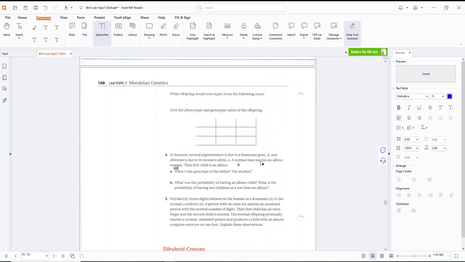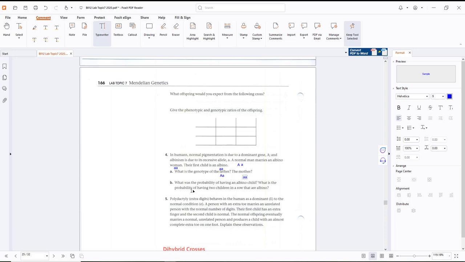And their first child is albino, little a. So that must mean that he is heterozygous, right? Because the only way that the child got 2 little a's is because one came from dad, right? So dad must be heterozygous. Mom, she's definitely albino, so she's homozygous recessive.